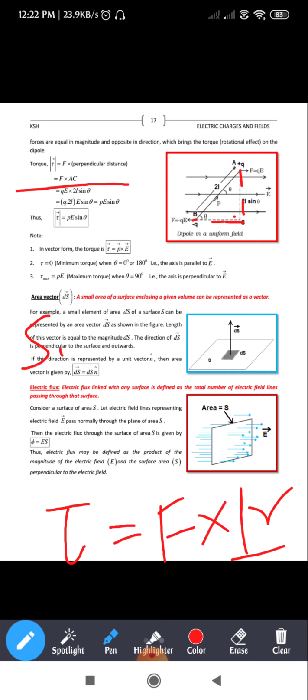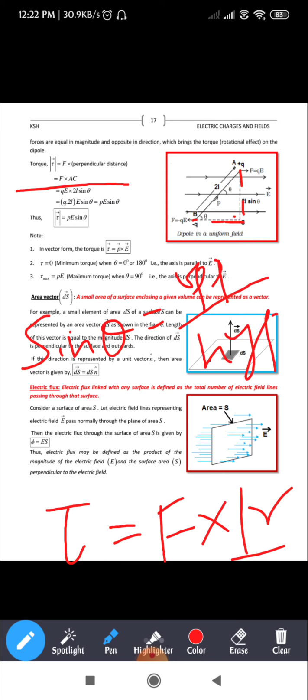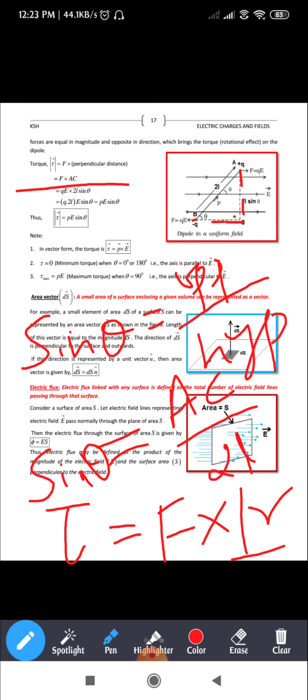So what is sine theta? Sine theta is equal to opposite by hypotenuse, right? Which is opposite here? AC is the opposite, divided by the hypotenuse, which is 2l, right? So sine theta is equal to AC divided by 2l.